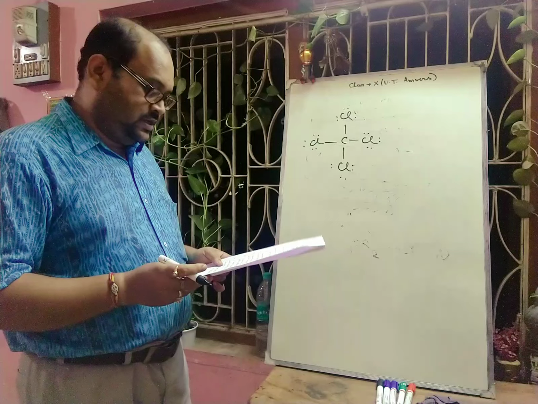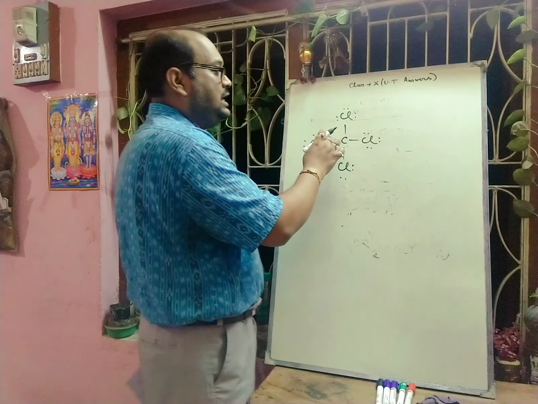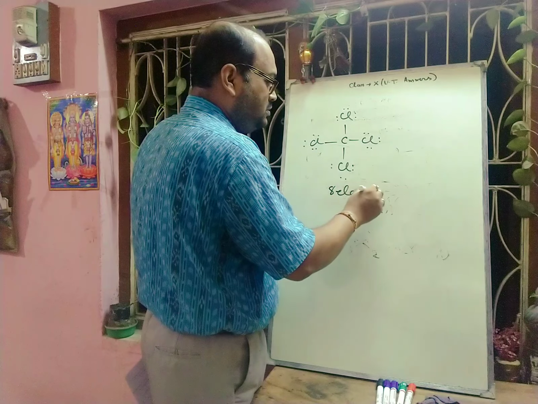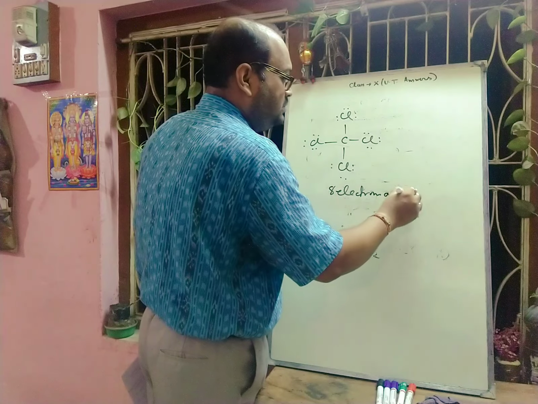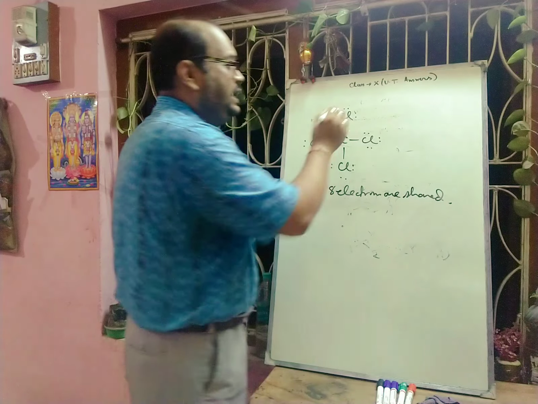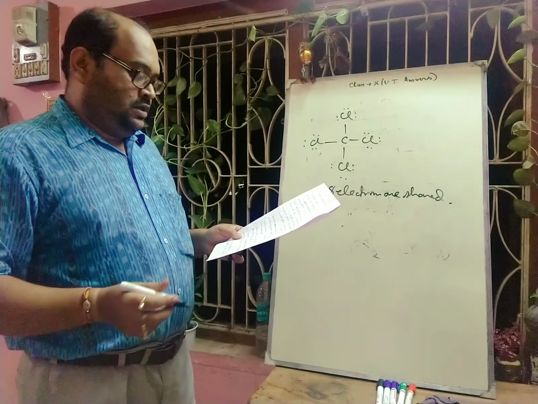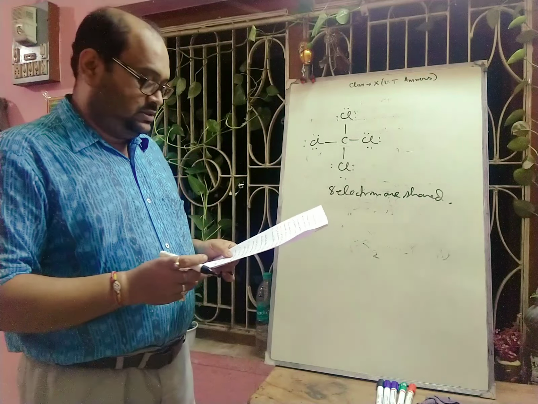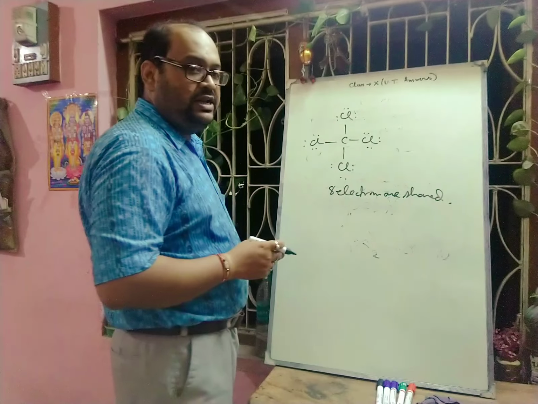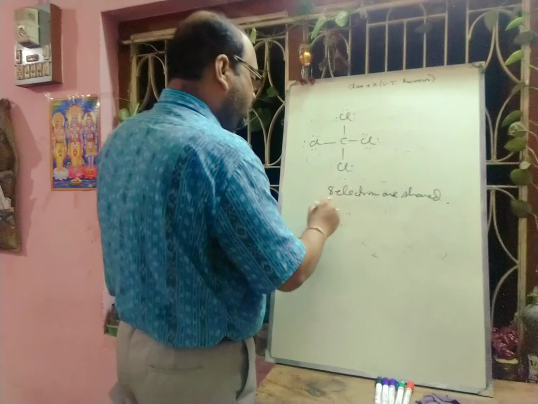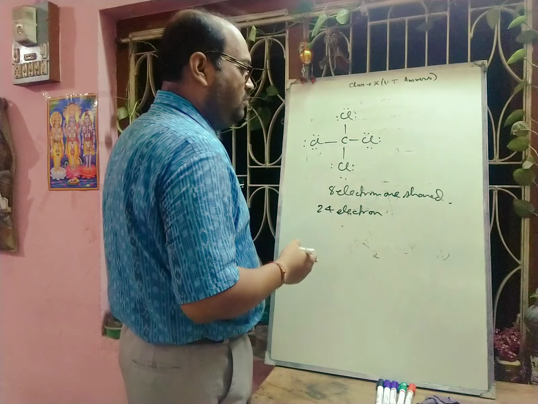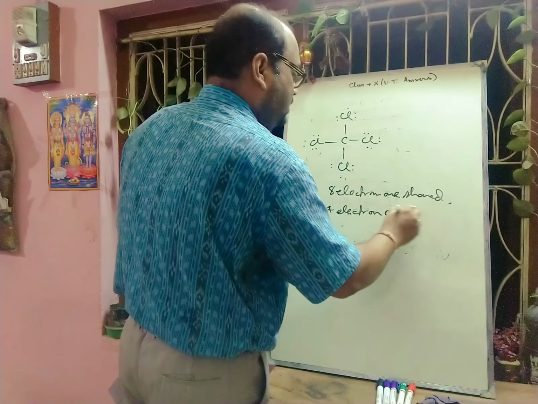That is the question. So for shared electrons, how many bonds are there? 1, 2, 3, 4. That means 8 electrons are shared for bonding. The electrons not used in bonding are unshared electrons. Each chlorine has 6, and there are 4 chlorines, so 6 into 4, that means 24 electrons in one CCl4 molecule are unshared.